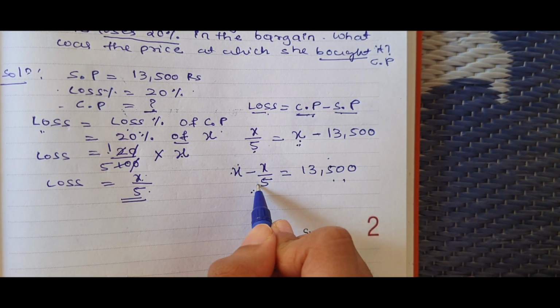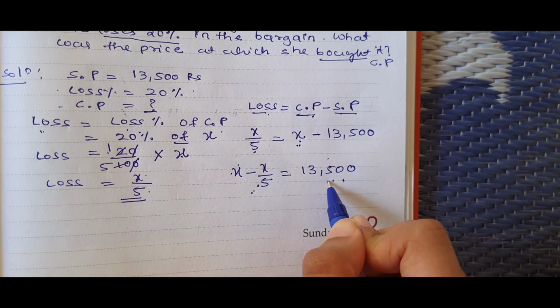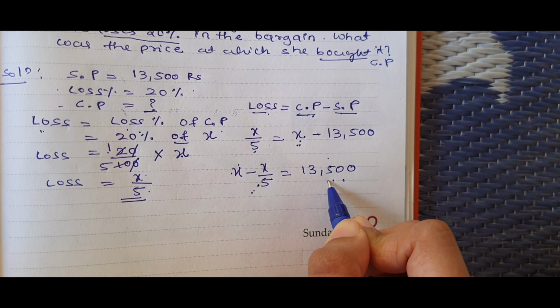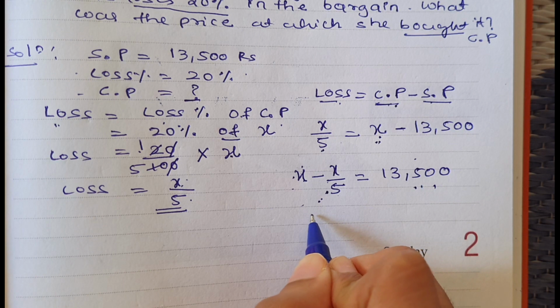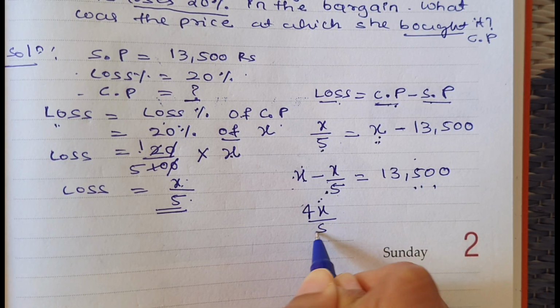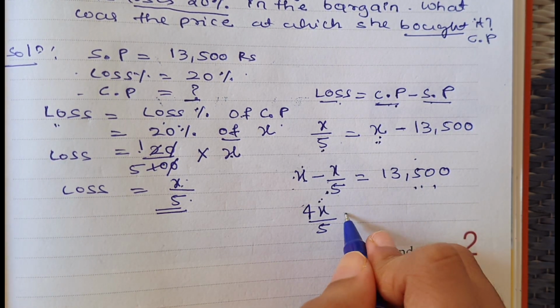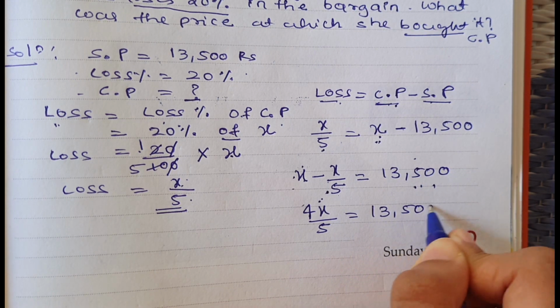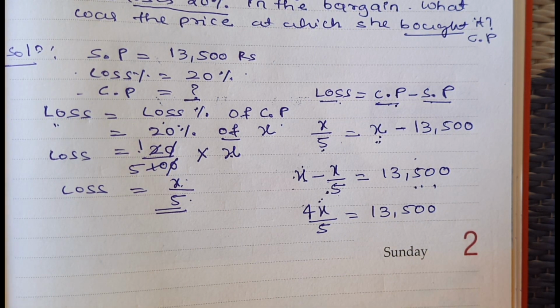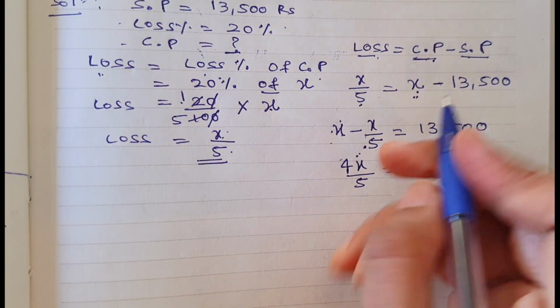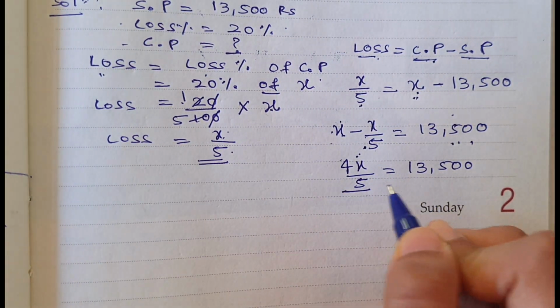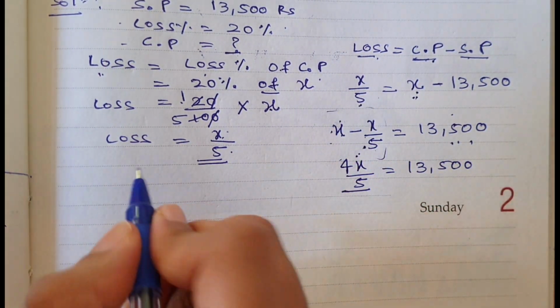I have moved the unknown value to LHS and kept the known value in the RHS itself. X minus X divided by 5 will be 4X divided by 5 equal to 13,500.